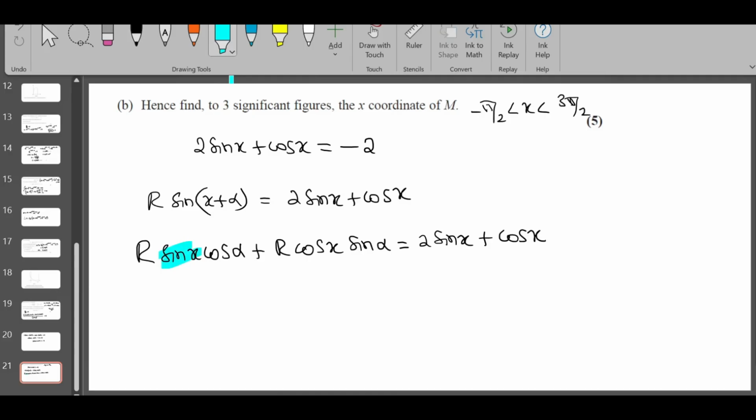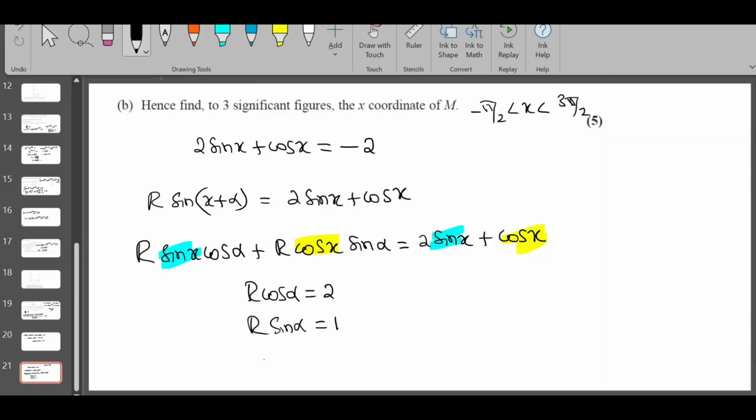Compare the coefficient of sine x on both sides of the equation. You have r cos alpha is equal to 2. Compare the coefficient of cos x on both sides. You have r sine alpha is equal to 1.